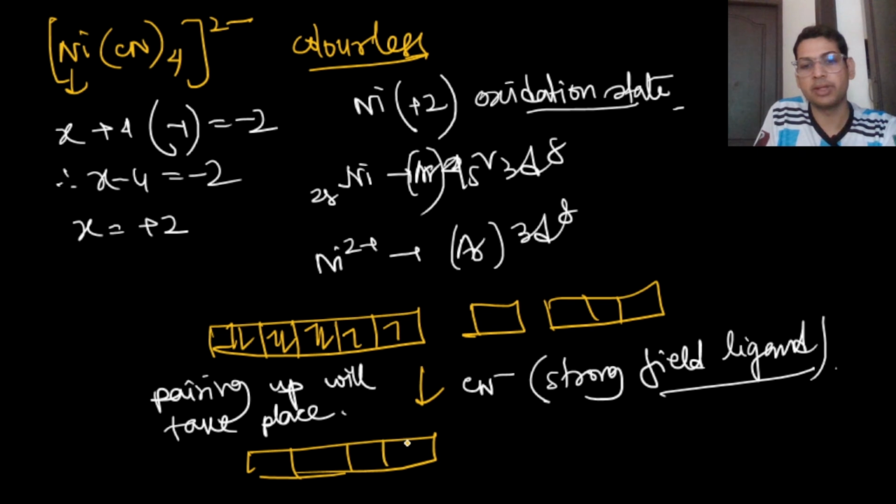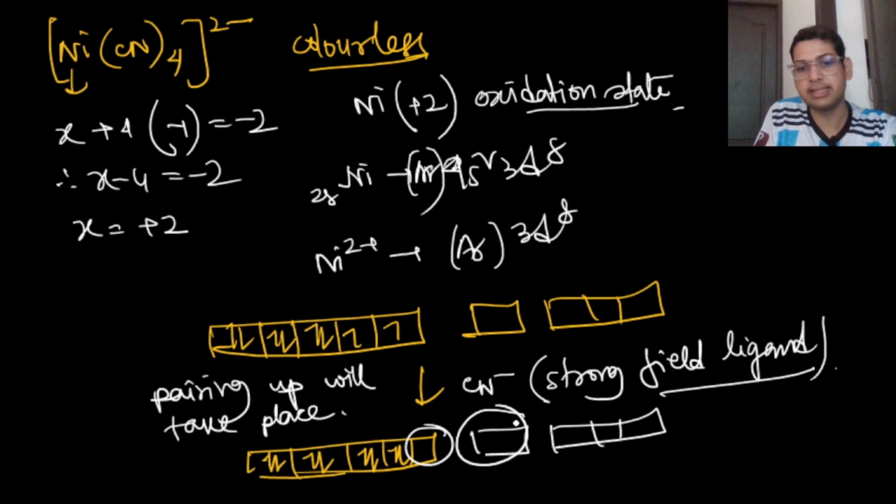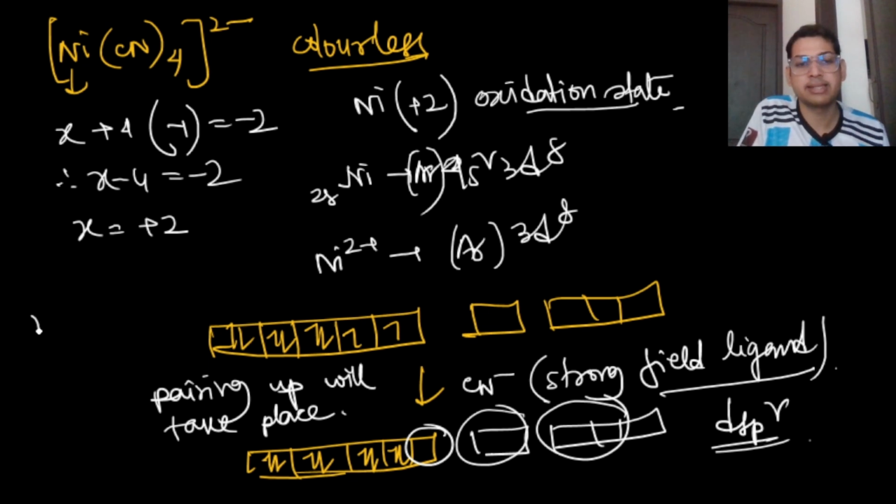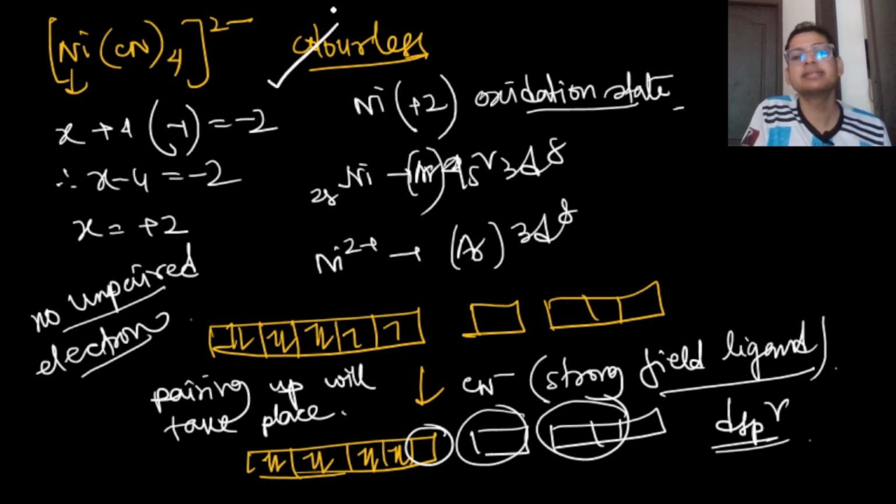Then 1 2 3 4, it will be like this. Then this d orbital is vacant, and from there this d orbital, this s, and this 2p give dsp2 hybridization, all this you know. But the problem here is there is no unpaired electron.